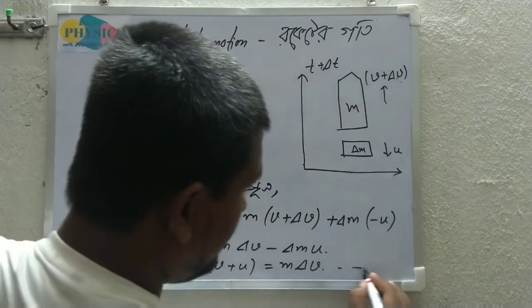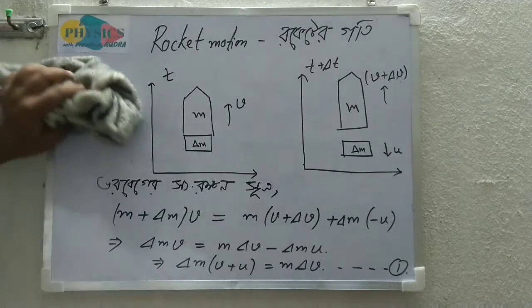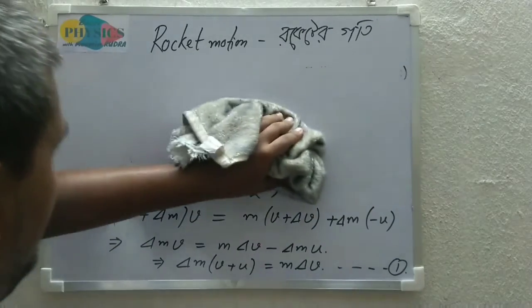Now we divide both sides by delta t. First we have to clean this board, we need some space.